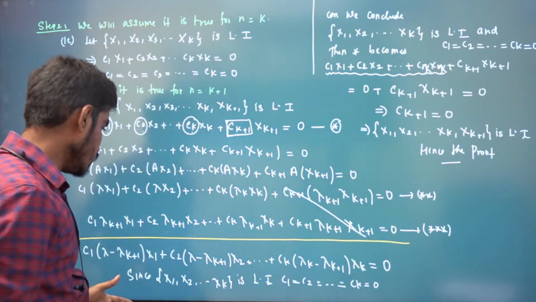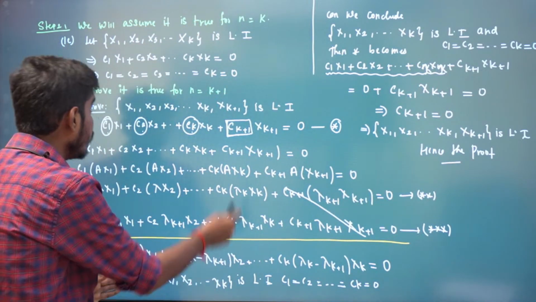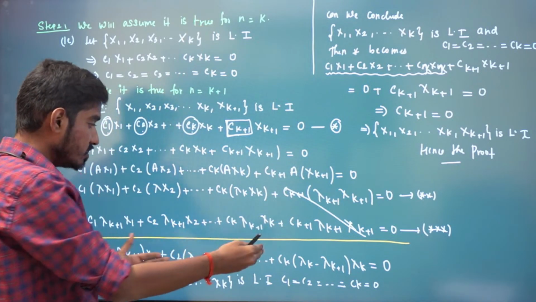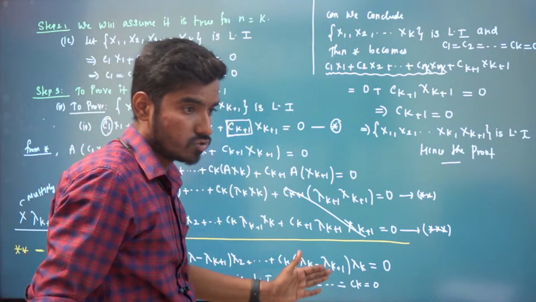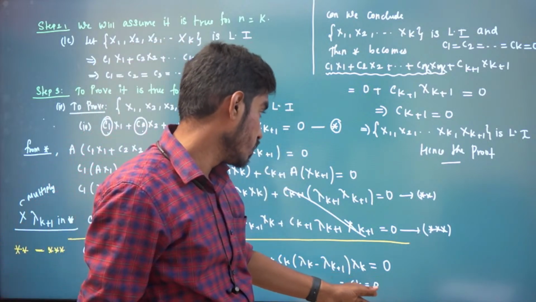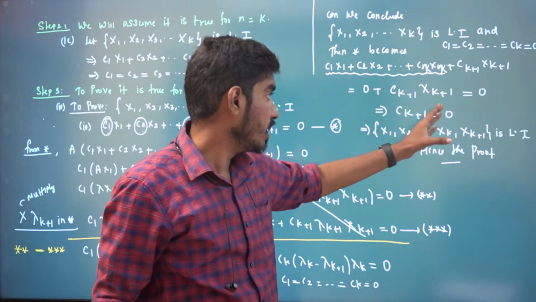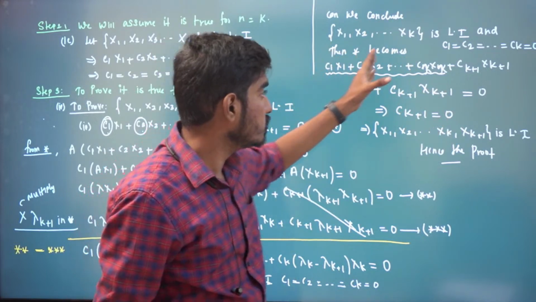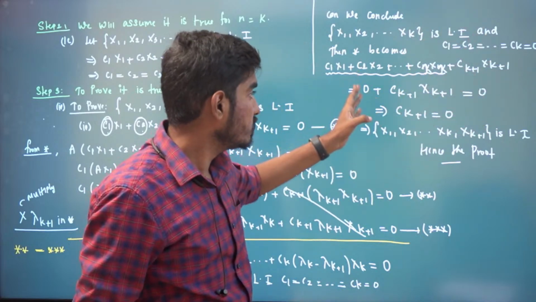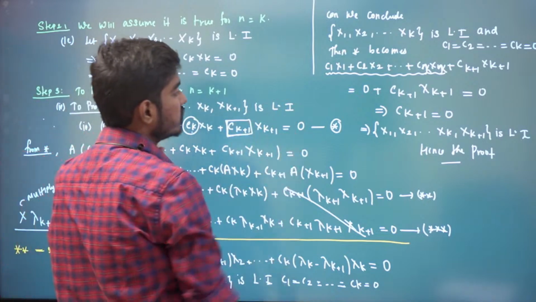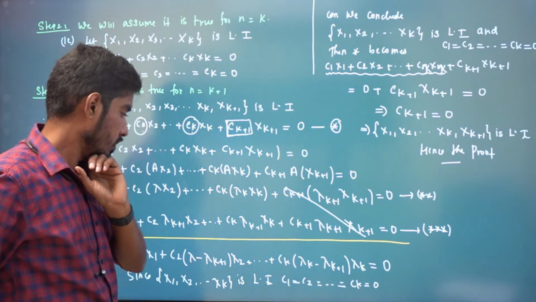Since we know this set is linearly independent, all these C1, C2, C3 and so on up to Ck have to be 0. So I'm just substituting here, so this will be 0. So Ck plus 1 is also 0. Already C1 to Ck are 0 and then Ck plus 1 is 0. So from that we say that this is a linearly independent set. That is the idea, right?